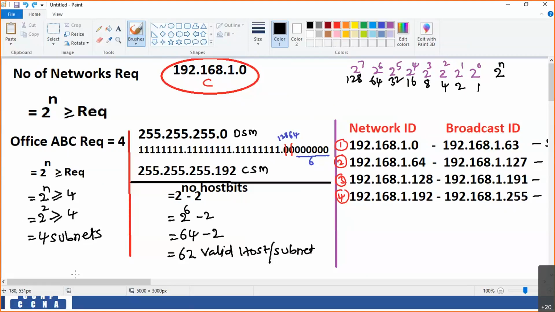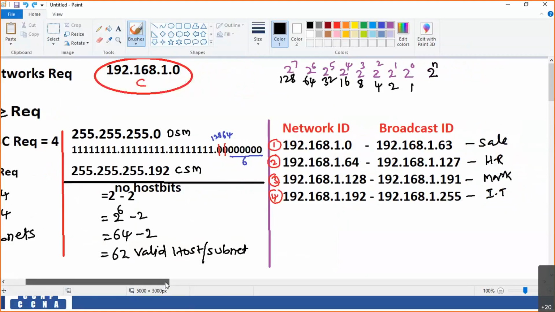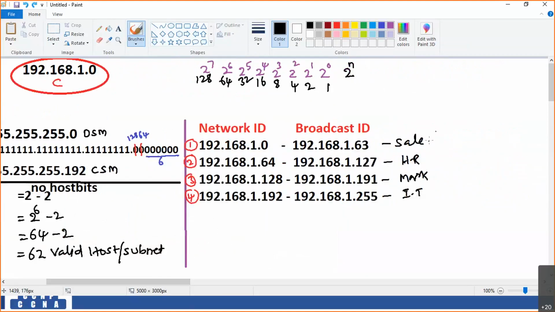Why? Because of your department requirement. Sales department, how many IP addresses are usable? 62. HR 62, marketing 62, IT 62. So one network is equally divided, right?